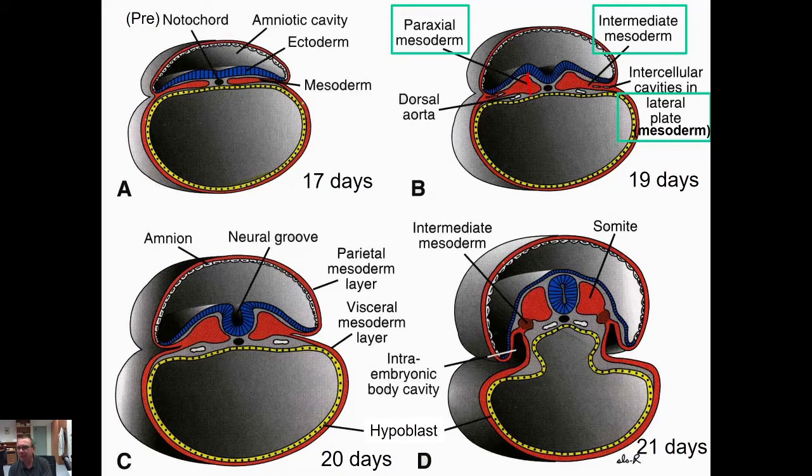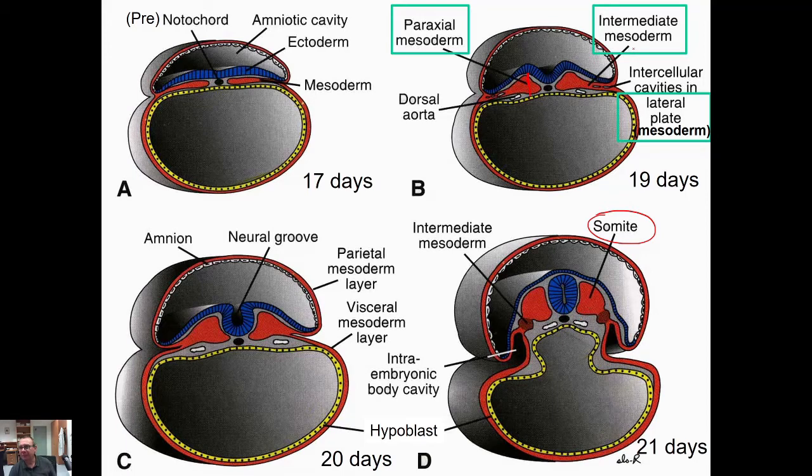These segments of the paraxial mesoderm are called somites, and that's why the main part of the paraxial mesoderm was called somitic. You hopefully remember this. Somites are thick, big segments of the paraxial mesoderm.